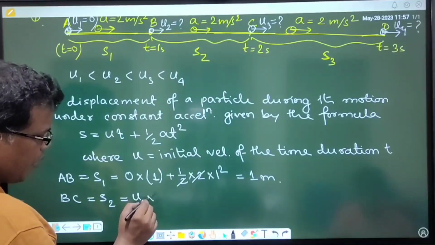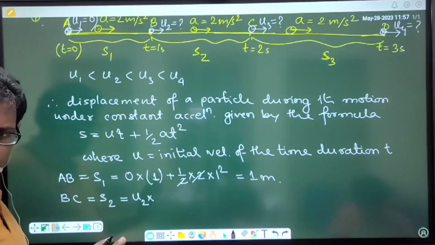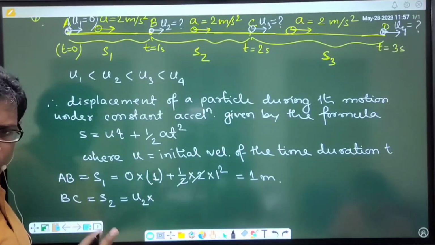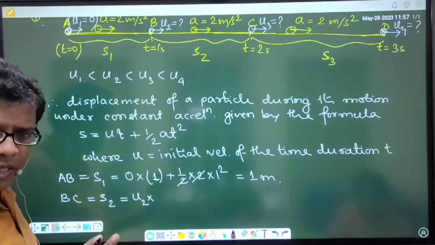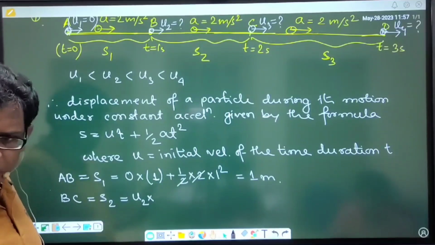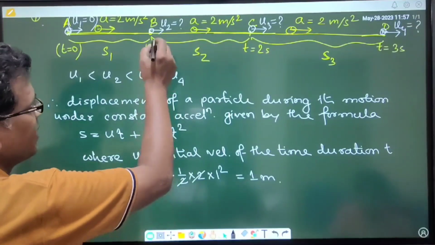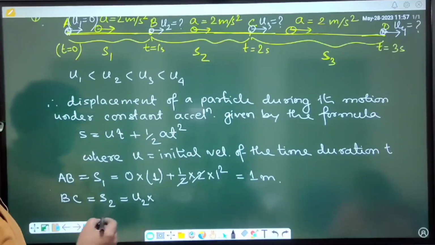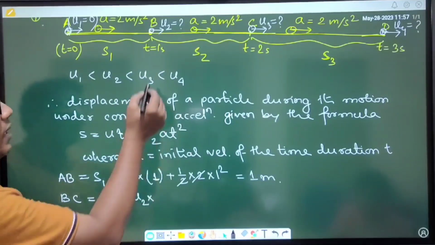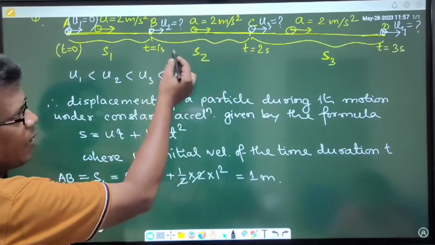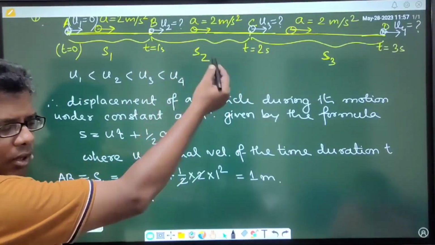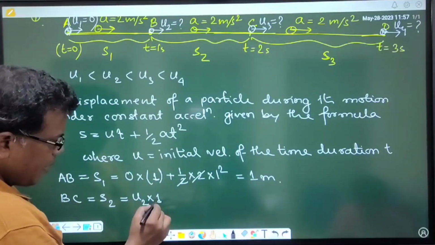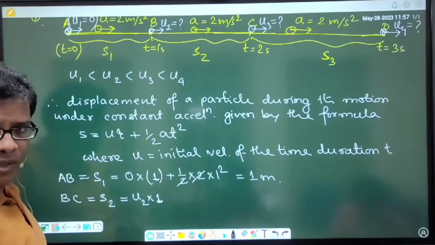So you must use the value of velocity at B, which I have marked as U2, but unfortunately I don't know the numerical value of U2. That is a different issue. But according to the format, according to the limitation, I must go as the formula suggests. The formula suggests using the velocity at B as the starting velocity for the next 1 second displacement. The journey from B to C is again of what duration? 1 second. So I should multiply by 1 as the time interval.